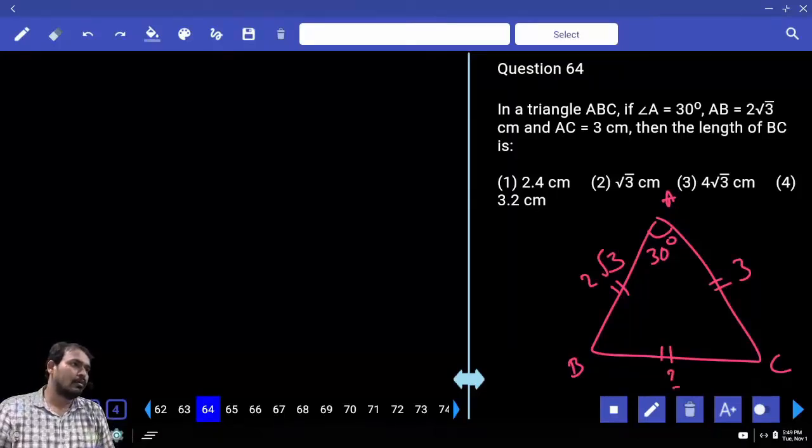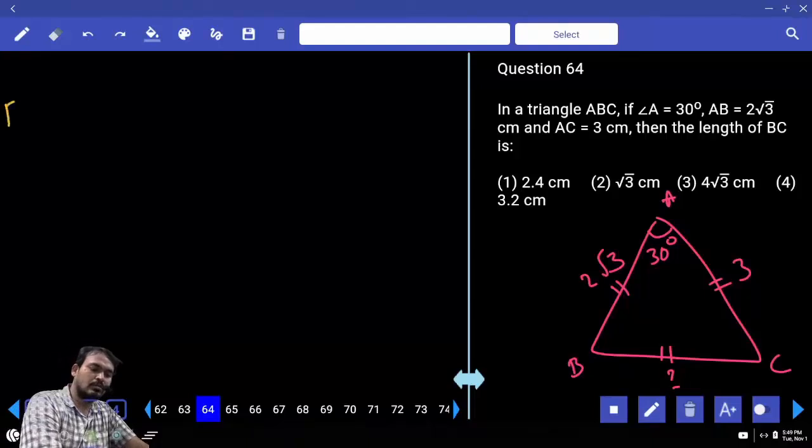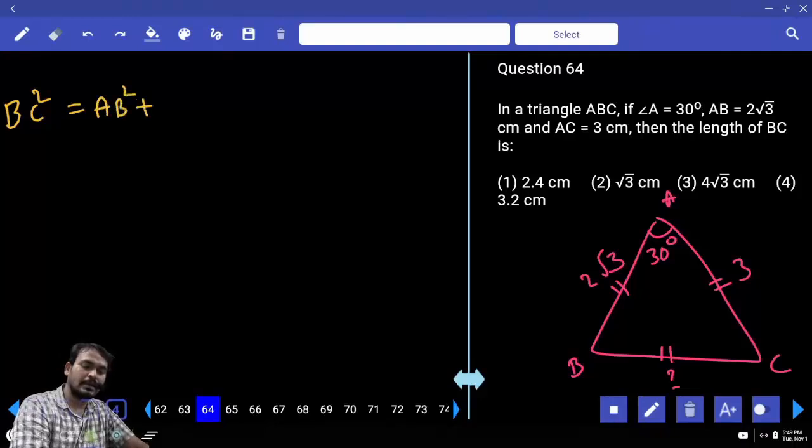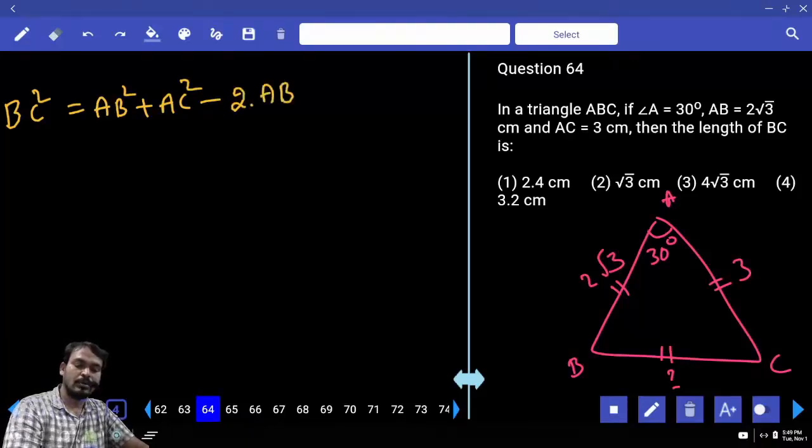By using the cosine rule. What is the cosine rule? BC square equal to AB square plus AC square minus 2 into AB into AC into sine of A value or not?